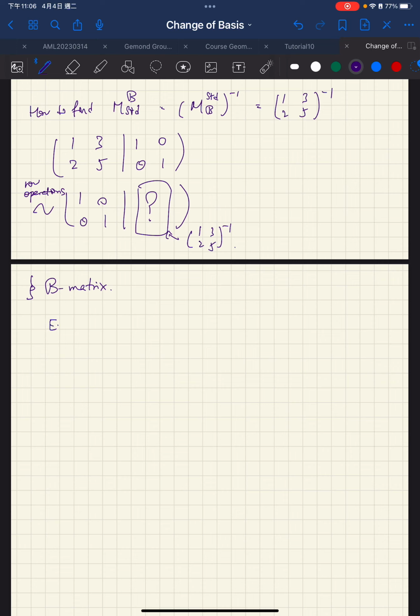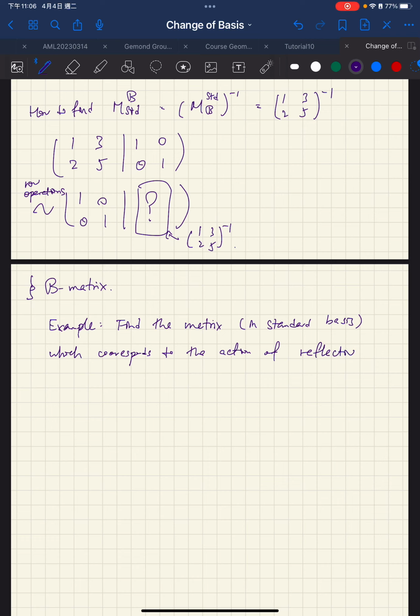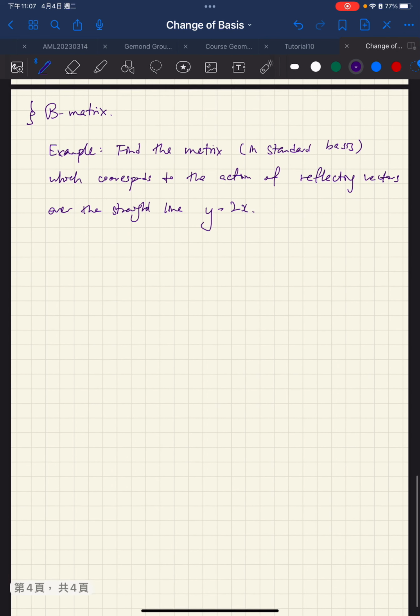So, example: find the matrix, of course in the standard basis, which corresponds to the action of reflecting vectors over the straight line y equals 2x. Okay.